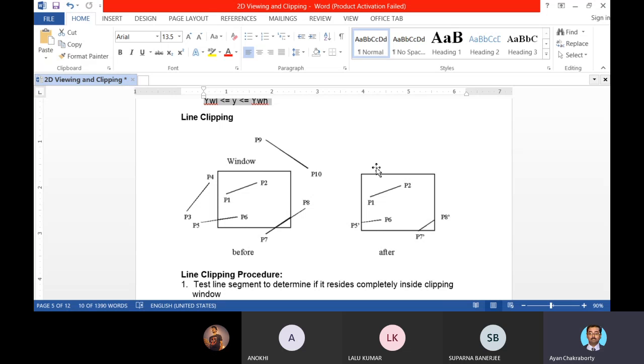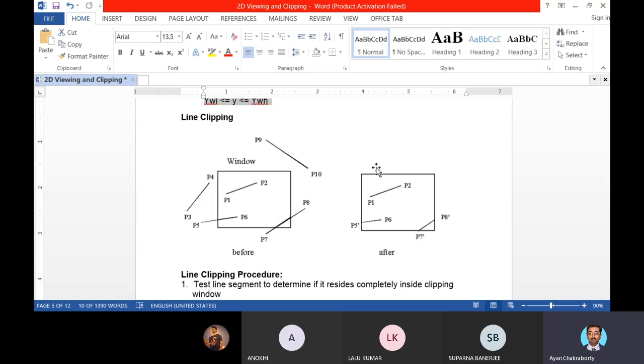As you can see in the after image, the whole P1, P2 straight line is visible to the user because it is completely inside the window frame. A selected portion of P5, P6 is visible to the user because these portions are inside the window frame.